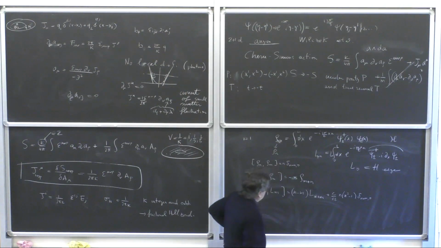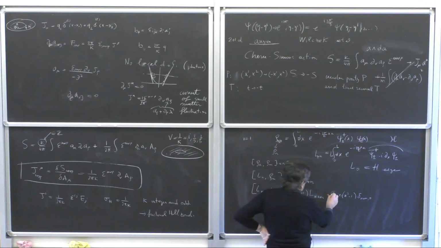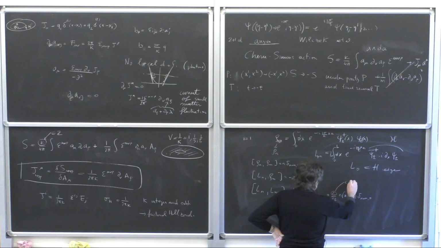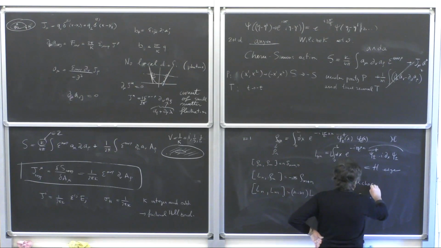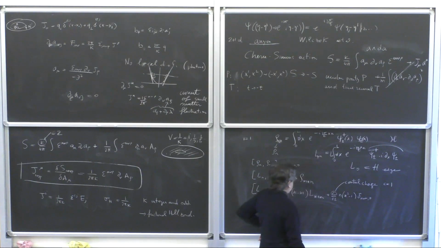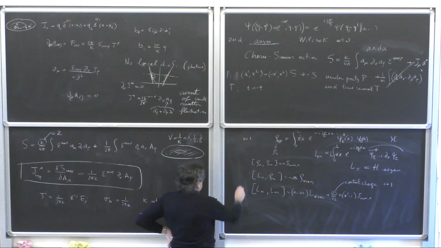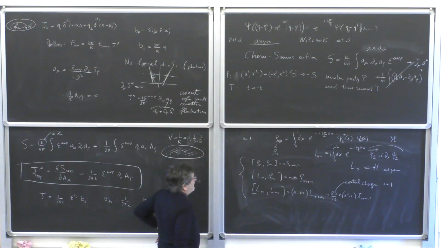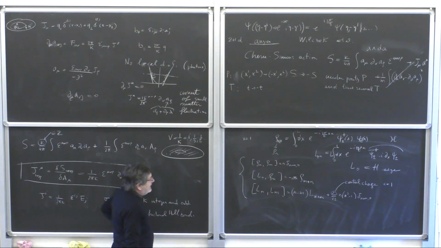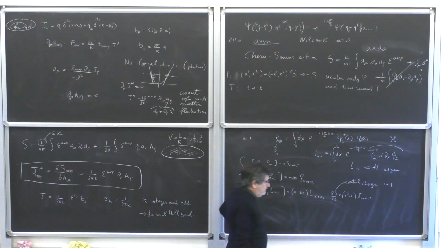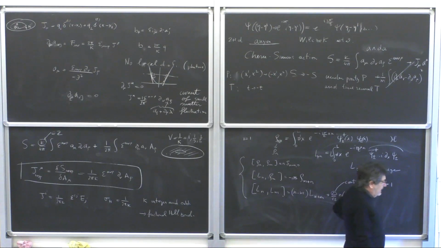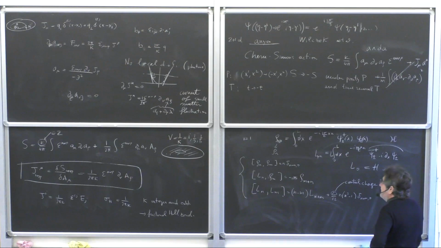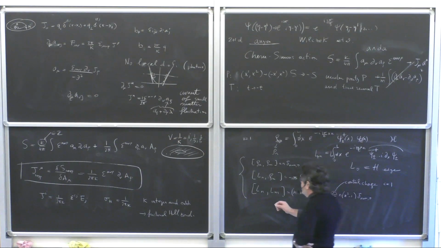Okay? And this number that we said is the central charge takes the value 1. Okay? So we characterize the fermion as one instance of this current algebra.